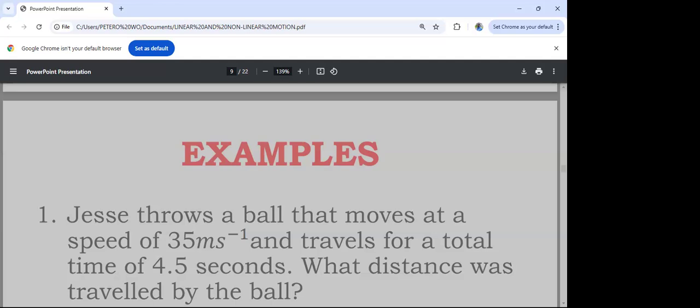So they're asking us, what is the distance traveled by the ball?